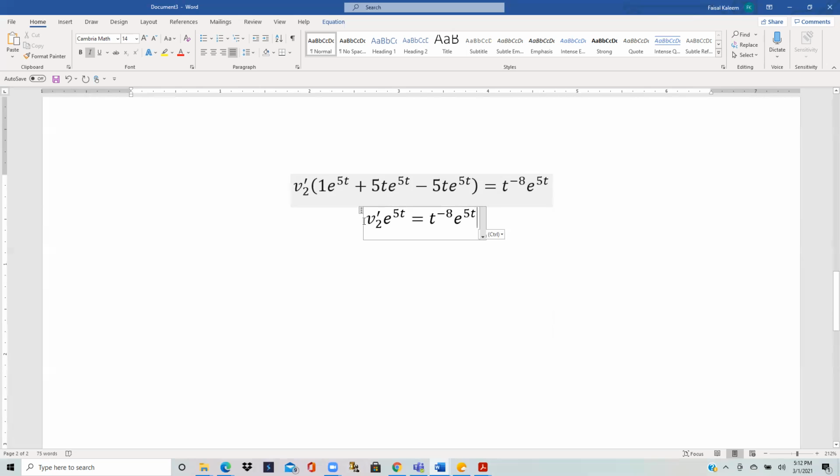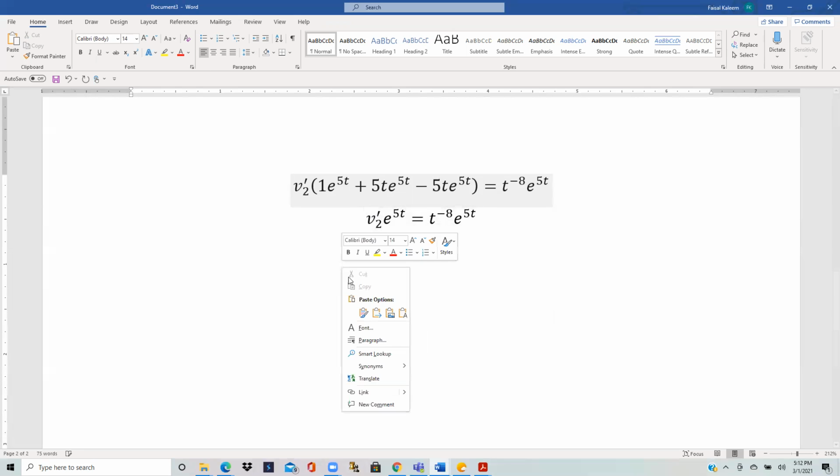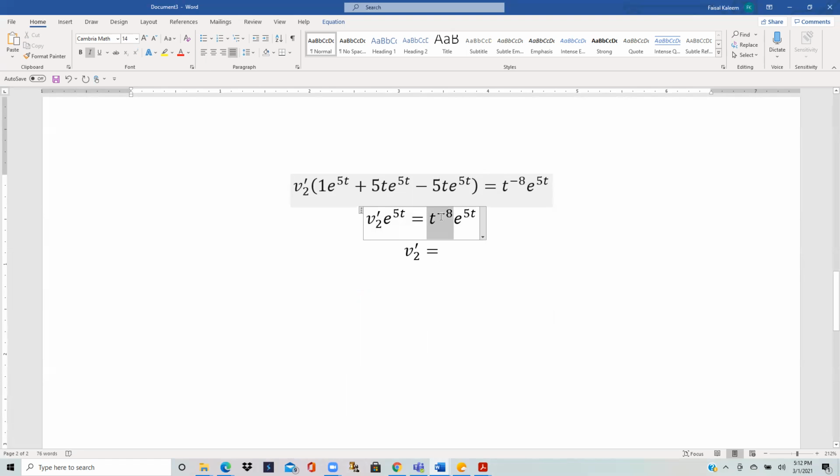And e to the 5t's will also cancel out when you divide. And so you just get v2 prime is equal to t to the negative 8.